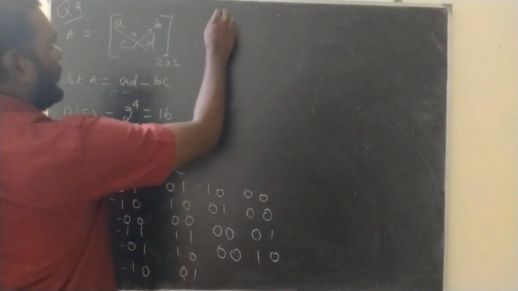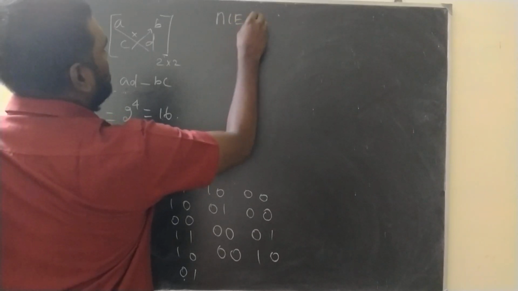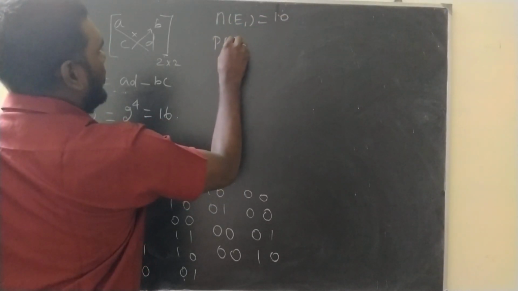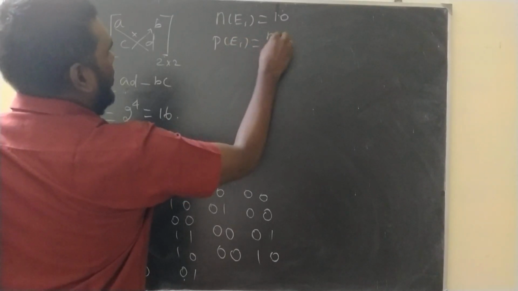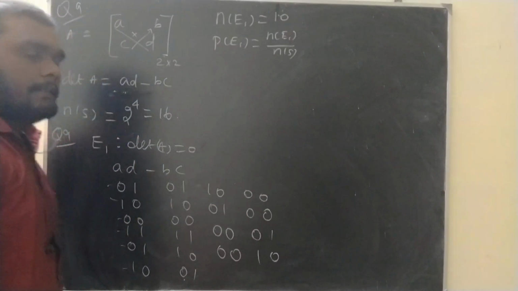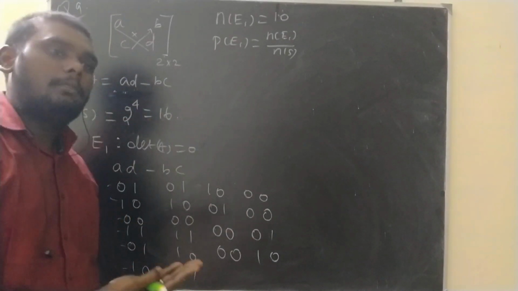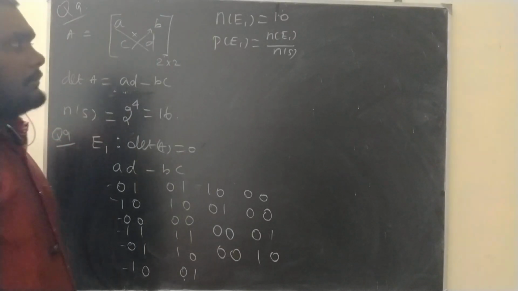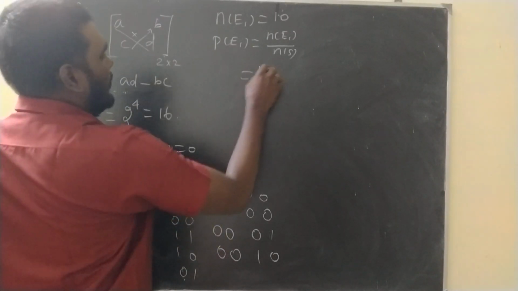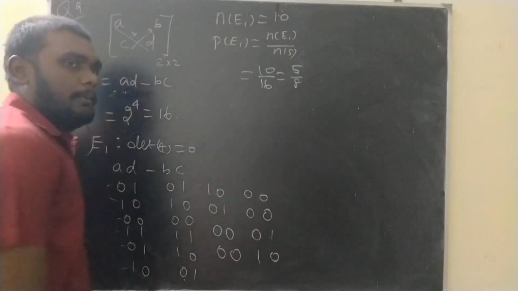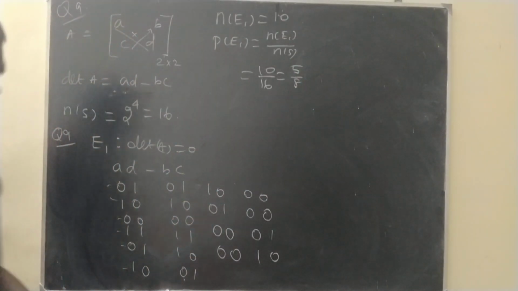So we have n of E1 is 10, and P of E1 is n of E1 by n of S, that means the number of favorable outcomes divided by the total number of outcomes. So that is 10 by 16, which is 5 by 8, the option D.